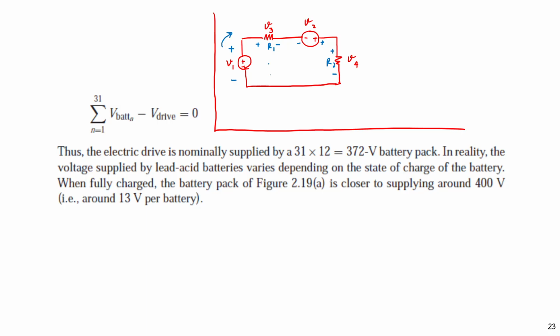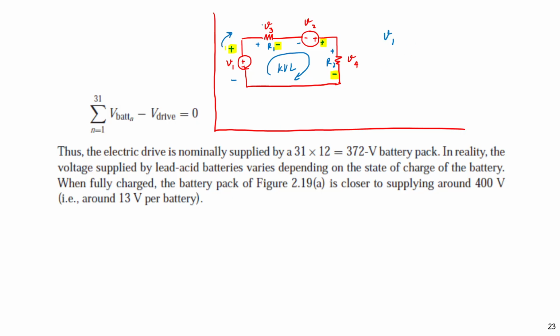Then we apply KVL. Okay. We need to do it systematically, right? If the current flows out from positive, we use positive voltage. Flow out from negative, flow out from positive, flow out from negative. Our equation would be V1.